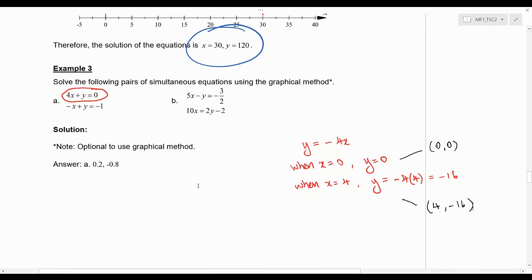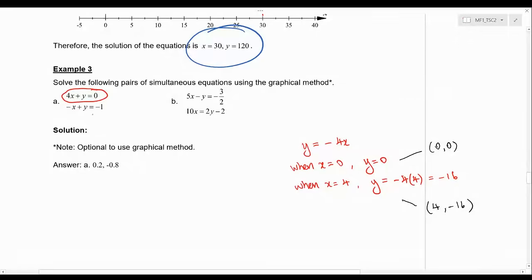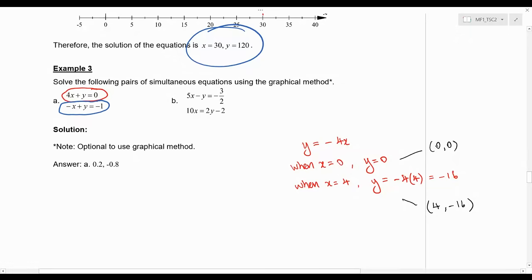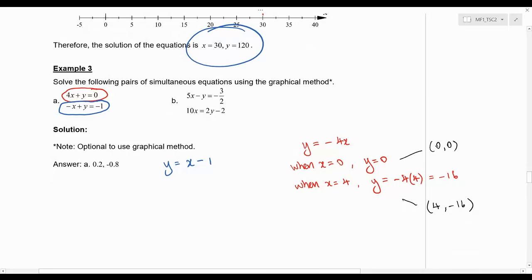Then at the same time, let's do the other one. The second equation would be y equals x minus 1. If you add x onto both sides of the equation, the left hand side will be y, the right hand side will be x minus 1. So what we want to draw is y equals x minus 1.